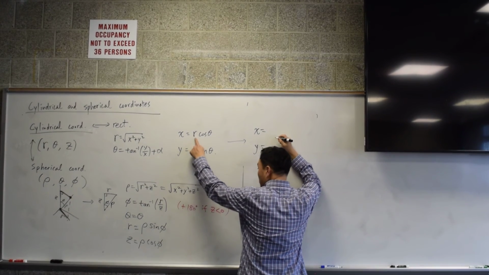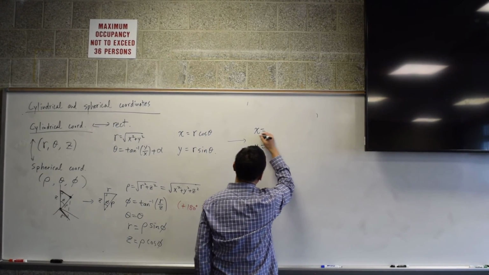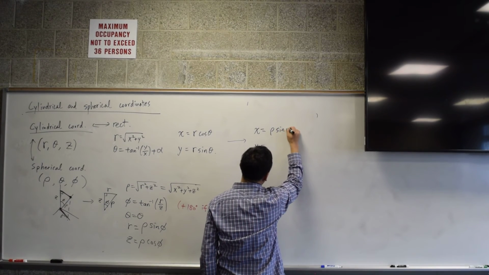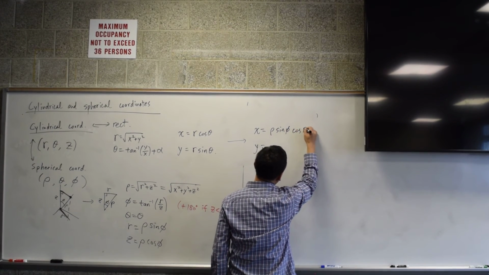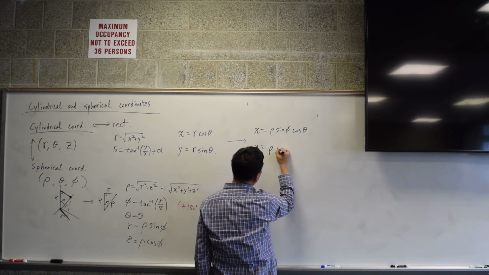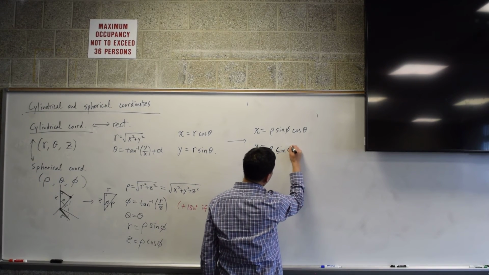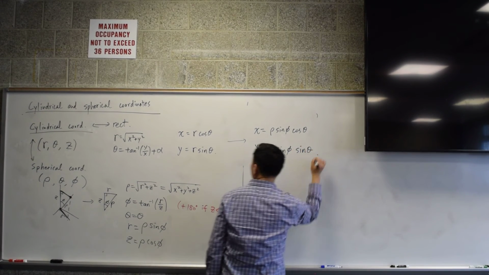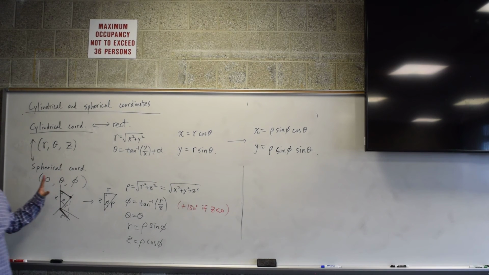By replacing r by rho sine phi, you can say x is rho sine phi cosine theta, and y is rho sine phi sine theta. Okay? And that's all. These are the formulas you need to know in order to do any calculations converting cylindrical, spherical, and rectangular in any way.